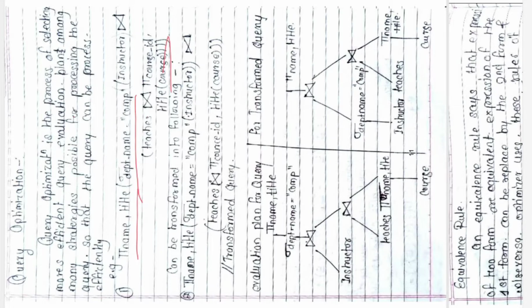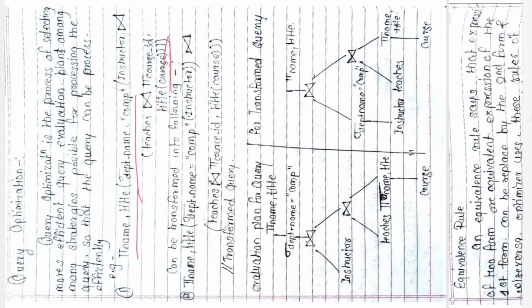I am going to project the name and title at the top, the root of the tree. Whatever output I require will definitely be at the root of the tree. And I get this output from the selection on department name equals computer, right?